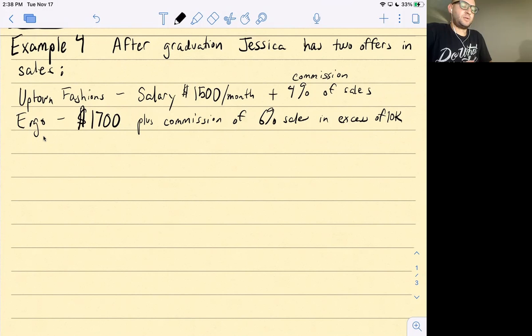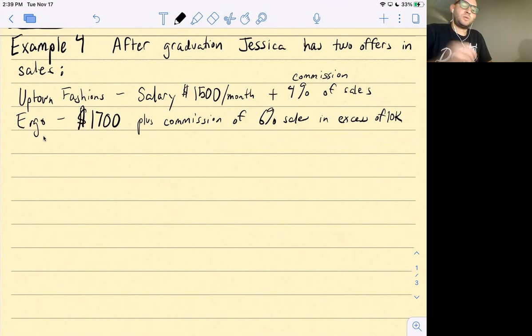Exactly, right. In Ergo Designs, if you sell like $7,000, anything below 10K, you're not going to make any commission on that. But after that, you do get commission on the stuff that you sell above 10K.